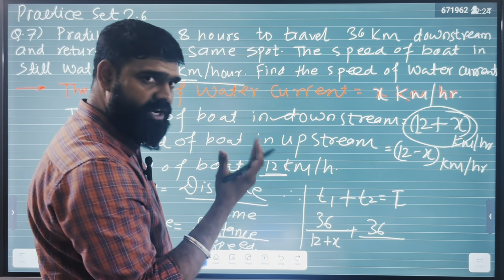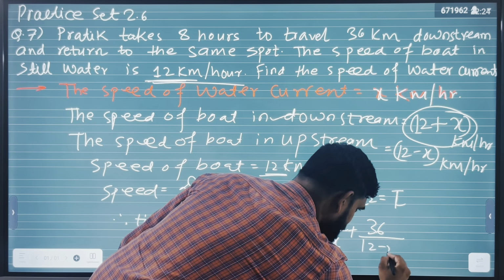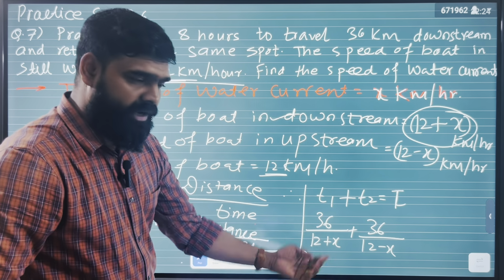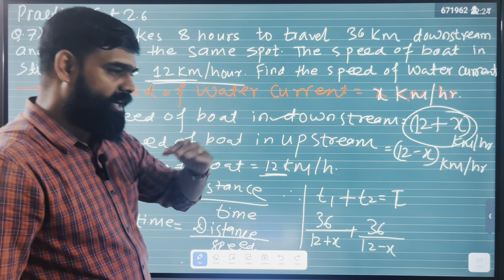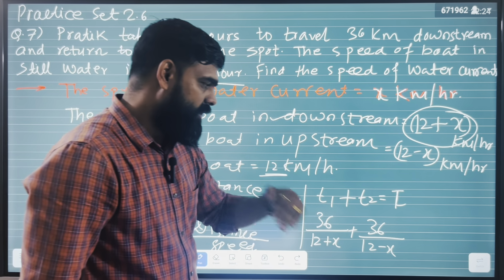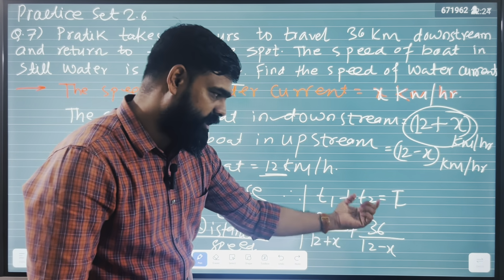While traveling upstream, the speed was 12 minus x. So this is the traveling time T1 downstream, plus returning from point B to A, that is T2.